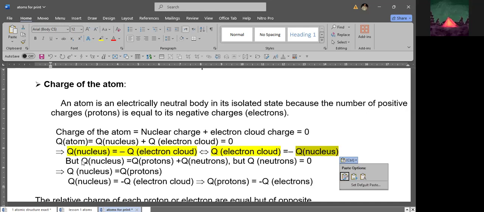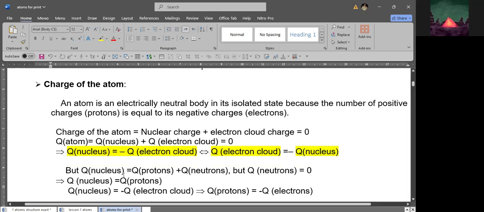Now let us speak about the charge of the nucleus. The charge of the nucleus is the charge of the protons plus the charge of the neutrons. But the neutron charge is zero, because neutrons are neutral.